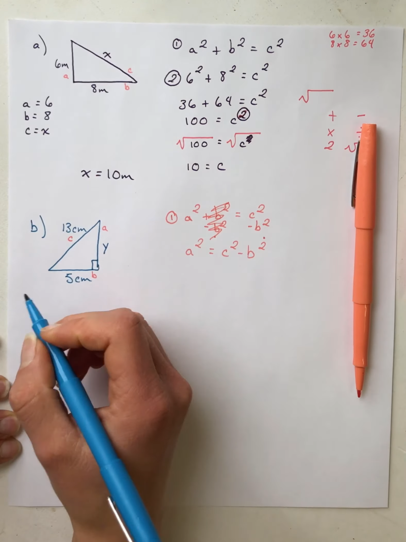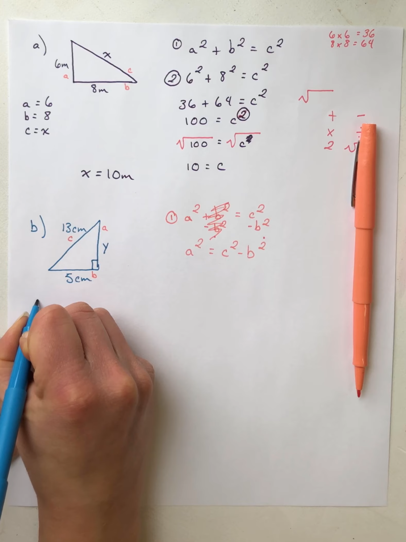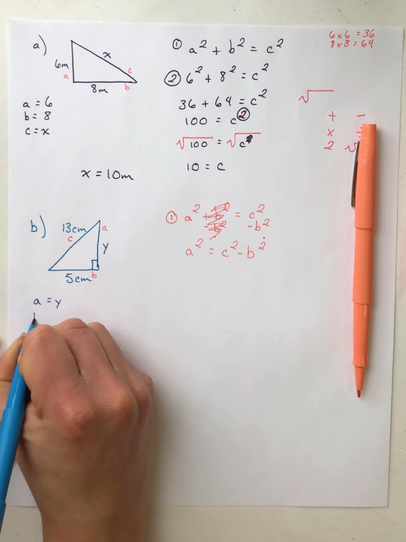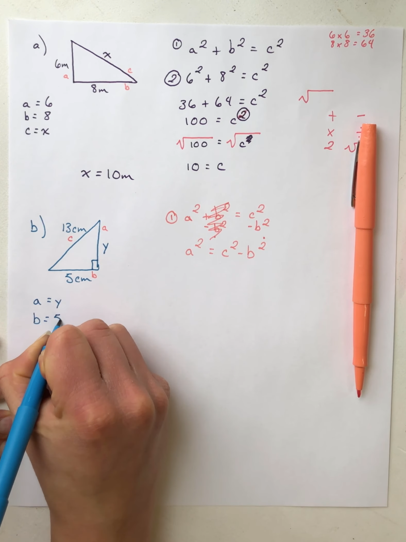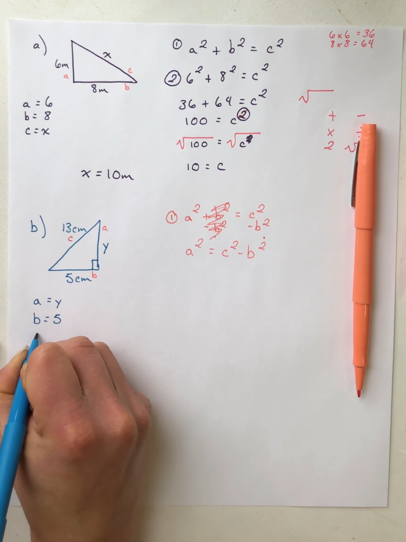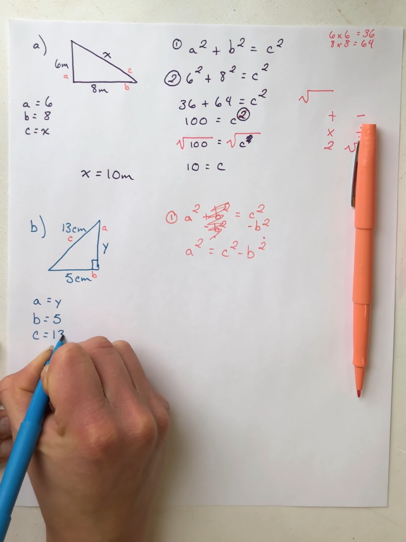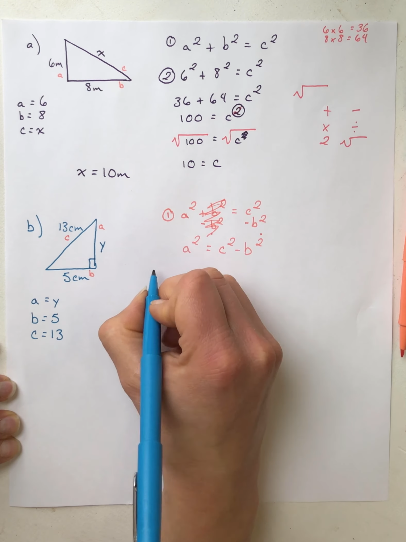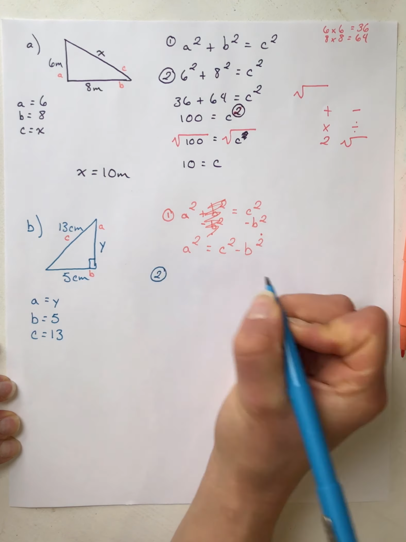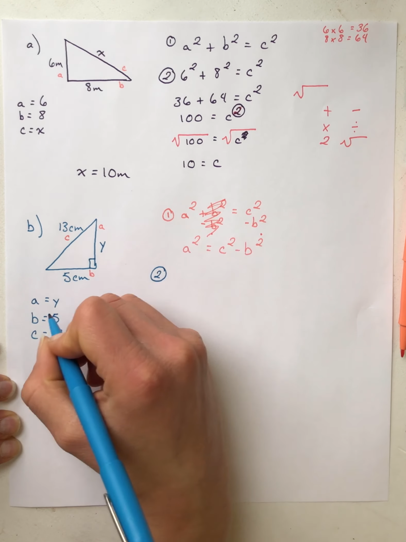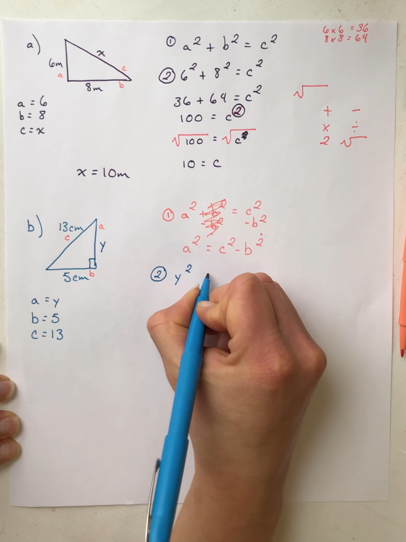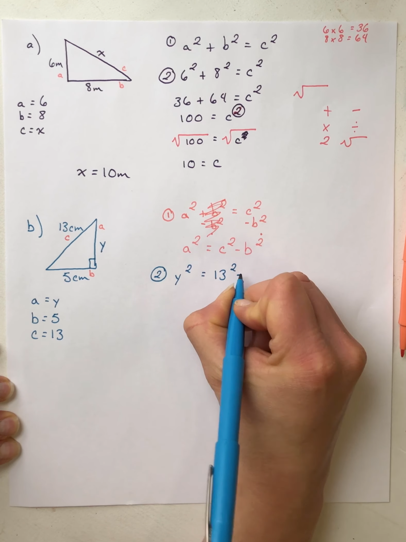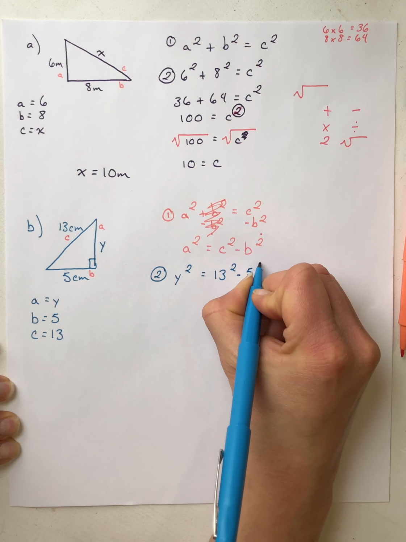So I'm going to do what I did last time, and I'm going to write over here. So my a equals y. We don't know what this is. My b equals 5. And my c equals 13. So I can now plug this information into my equation. So I now have my y squared equals my c squared, so 13 squared, minus my b squared.